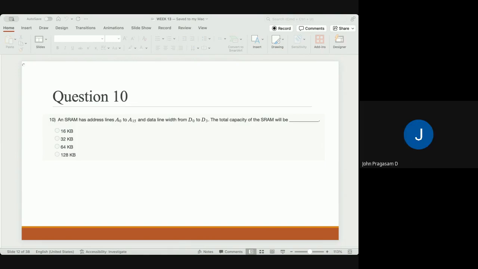But I got one answer, but it's not in the four options. See, check it. Ma'am, actually 2 power 16 into 4. So what you are getting, 32 KB or not?